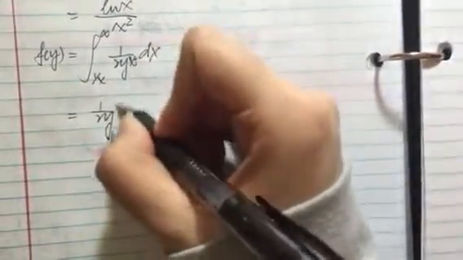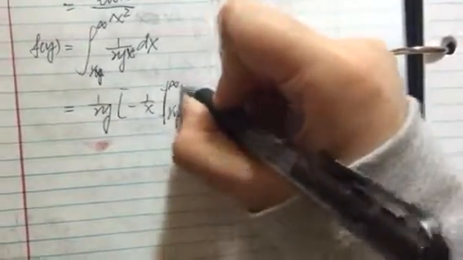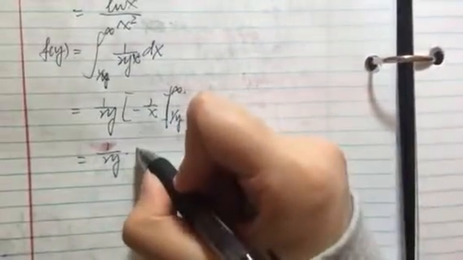And this will be the same thing: negative 1 over x from 1 over y to infinity. And when x is infinity, it's just 0. So we have 0 minus, and a minus here, we have positive 1 over 2y times y. And this will be 1 over 2.